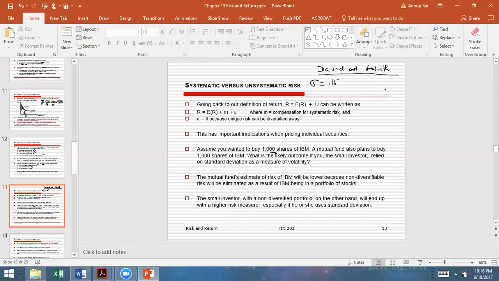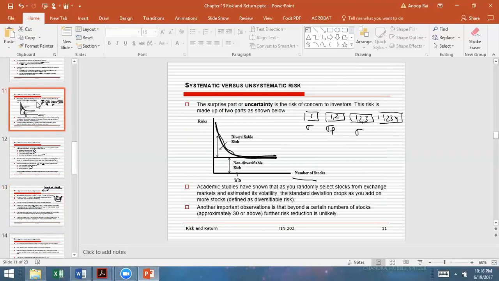But there's a mutual fund that is also buying IBM stock. And what happens is they have a whole basket of stocks: IBM, Exxon, Google, Intel, Bank of America, a whole bunch of stocks. Now, what did we learn from this graph here?